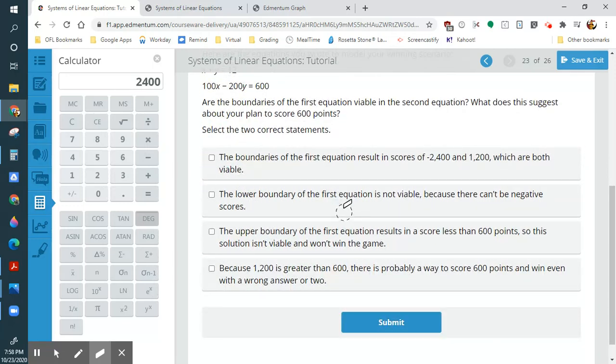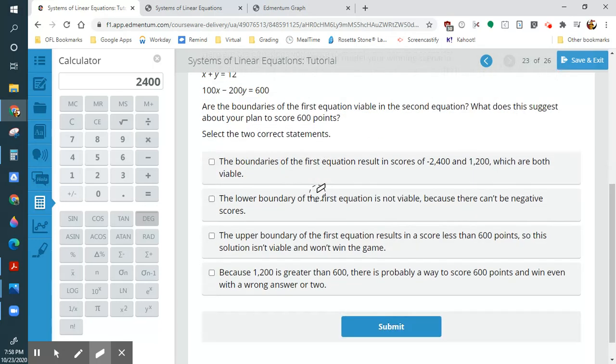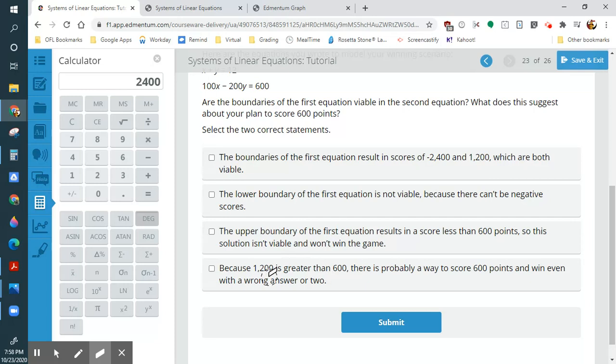So the lower boundary of the equation is not viable because they can't be negative scores. You can have negative scores. That is totally possible. It's not good.